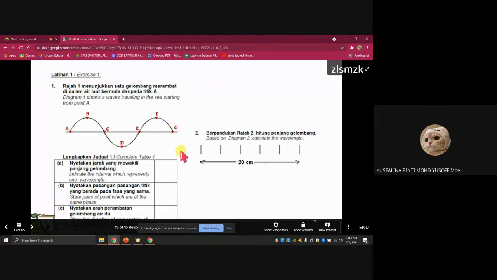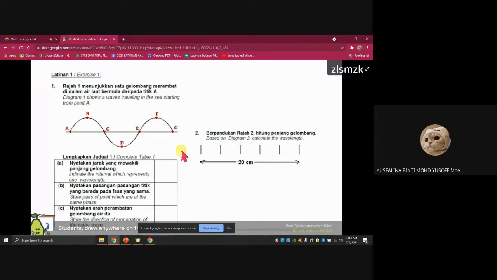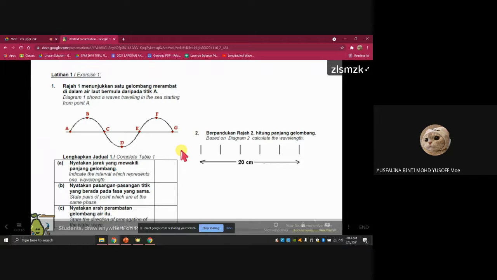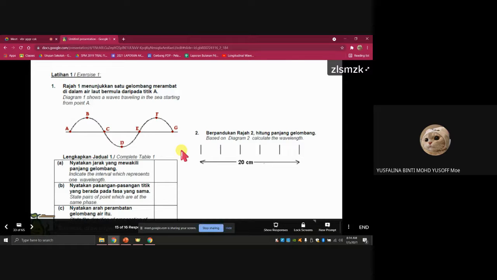And here it says you have to state the pairs of points which are at the same phase. The same phase here is BF, or AG, or CE. That is the phase in the equilibrium position. That is what we call the same phase.